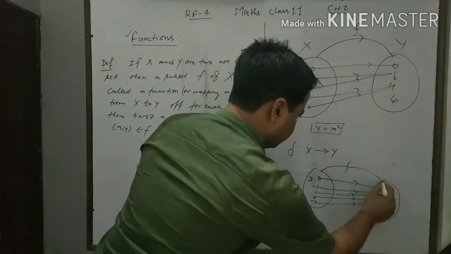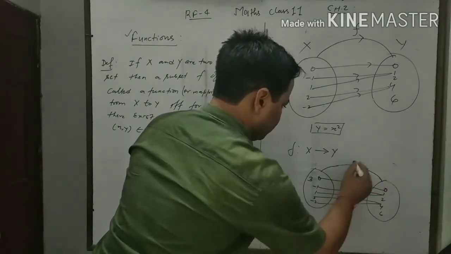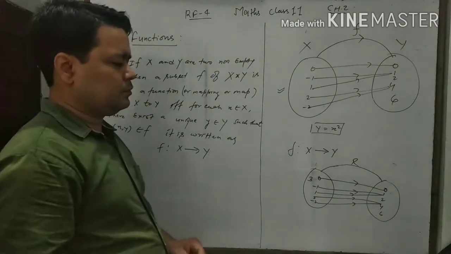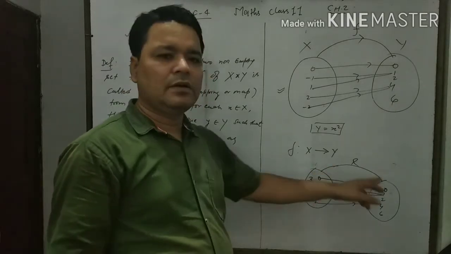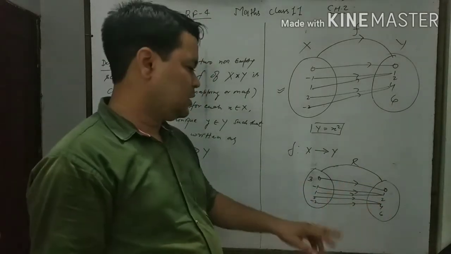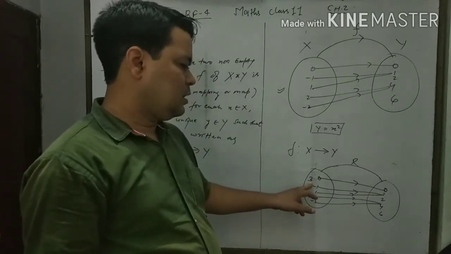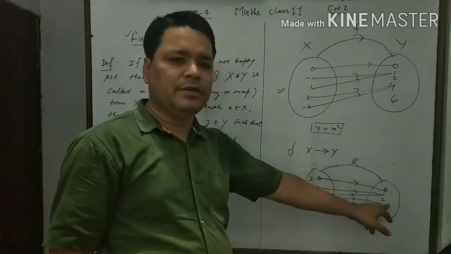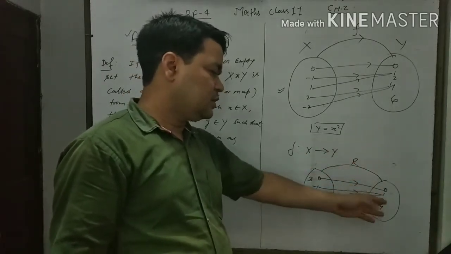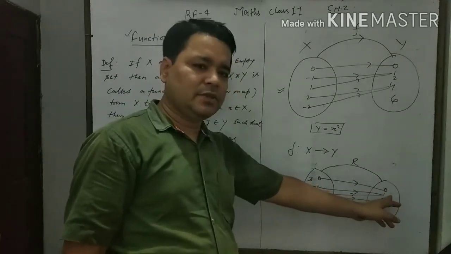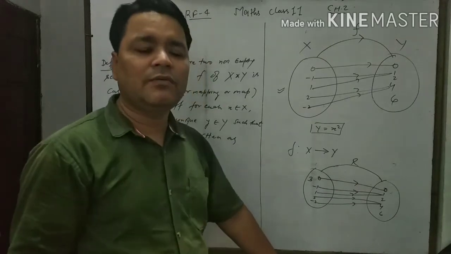Let there be a relation here. This does not satisfy the condition to be a function, because there is an element, that is 3, which is not related to a unique element in B. 3 is not related to a unique element of this set. Therefore, this does not satisfy the condition of a function.